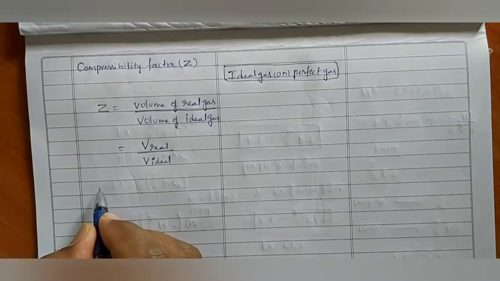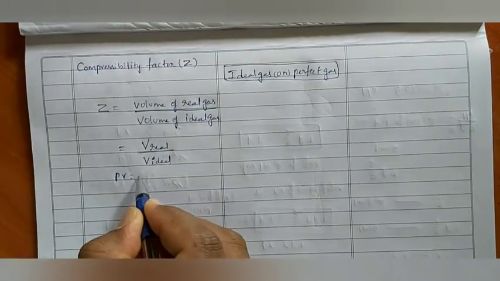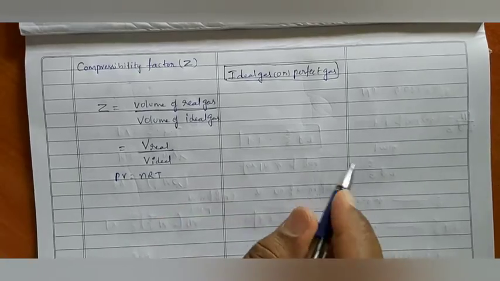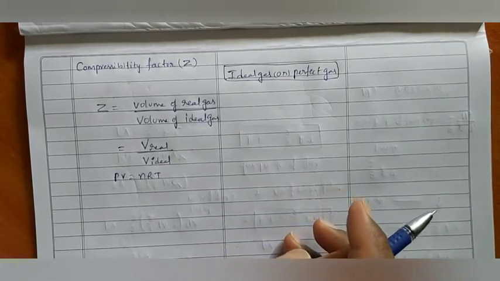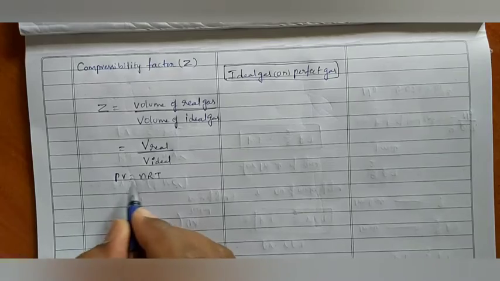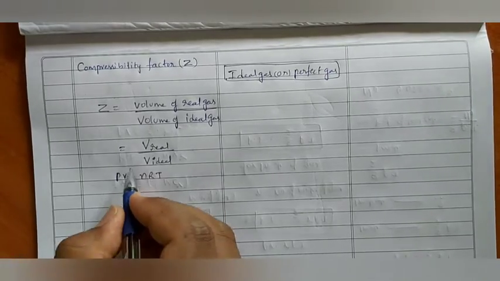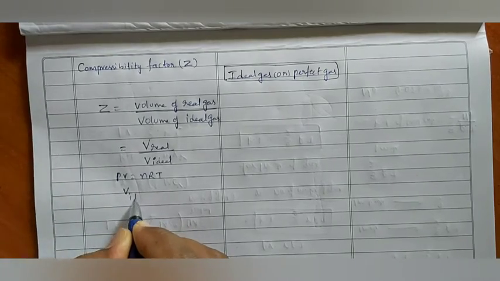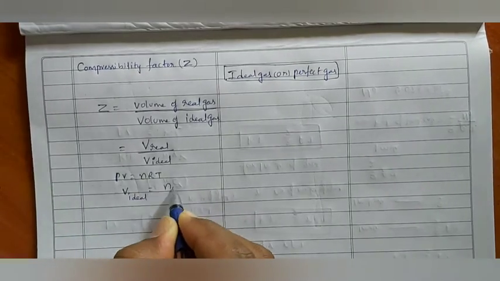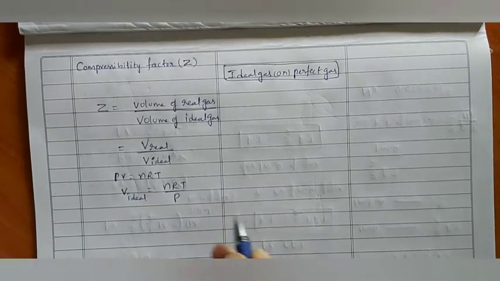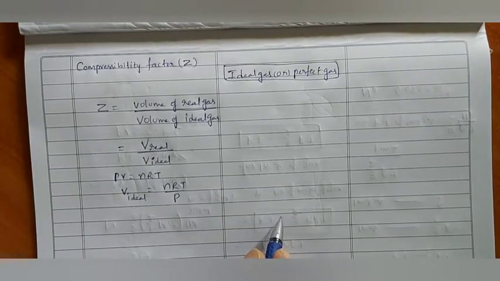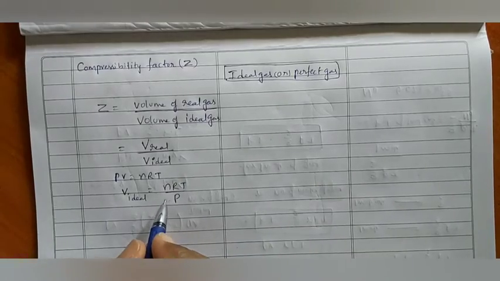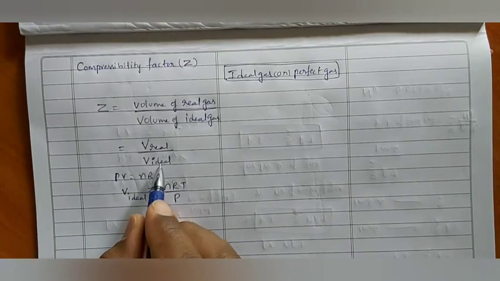From the ideal gas equation, PV is equal to nRT. This is related to the ideal gas equation only. So here this is PV ideal, V ideal. So V ideal is equal to nRT by P. Substitute this value in here.